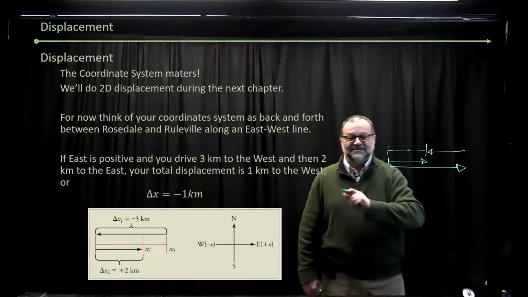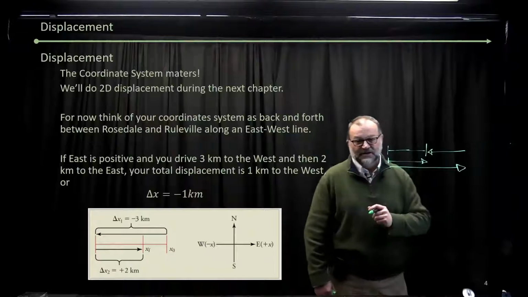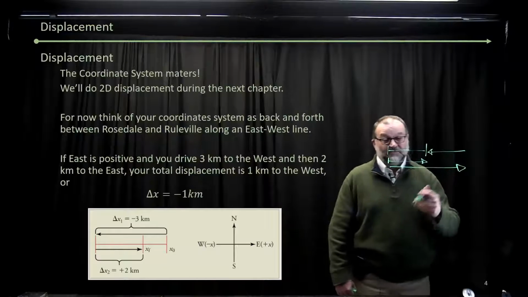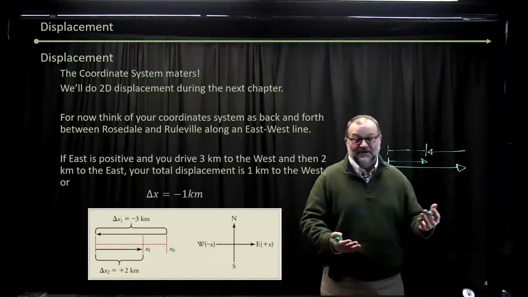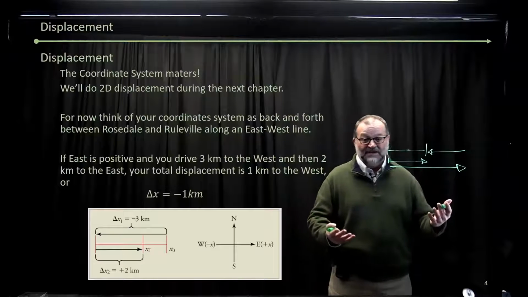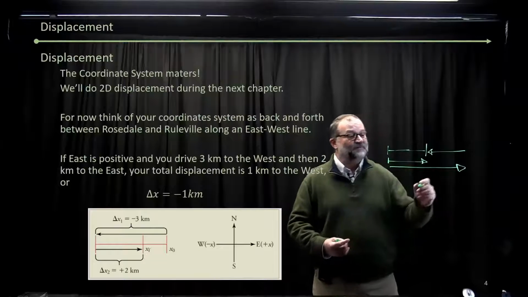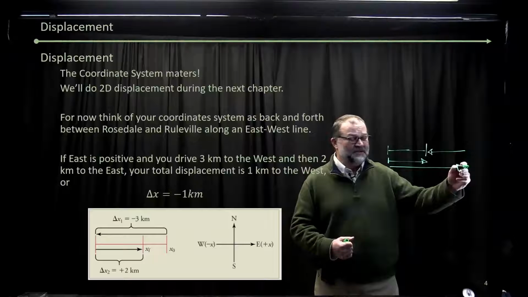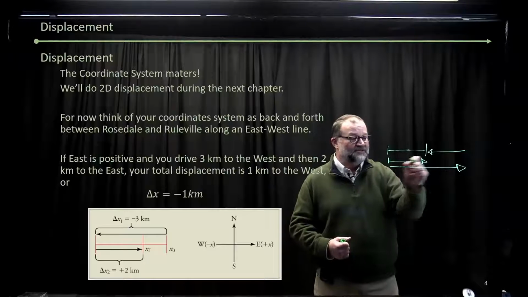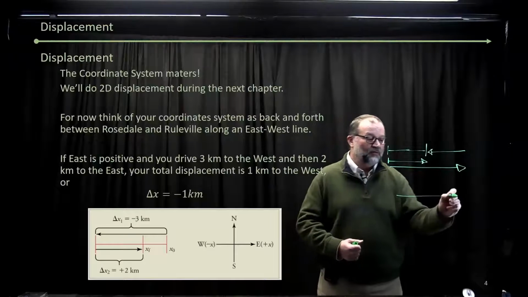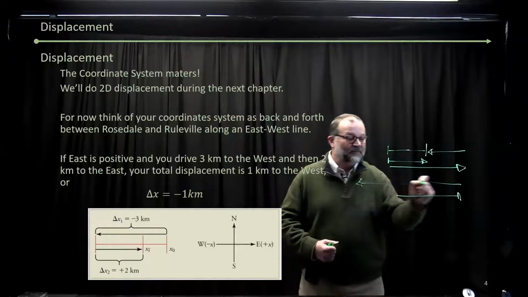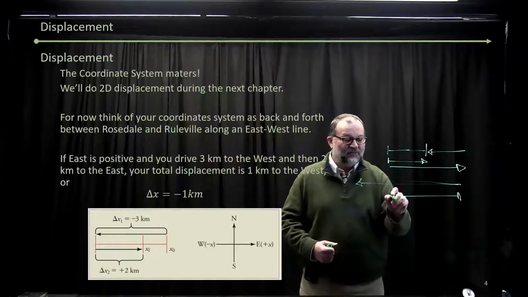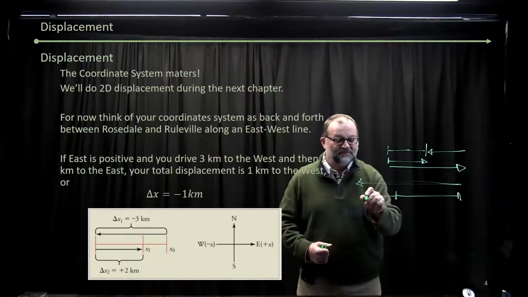So as this graph shows, your displacement can be positive, your displacement can be negative, your displacement can be all kinds of things. In this one, the displacement ends up being positive, but you could go this direction and then go back that direction and end up with a negative displacement.